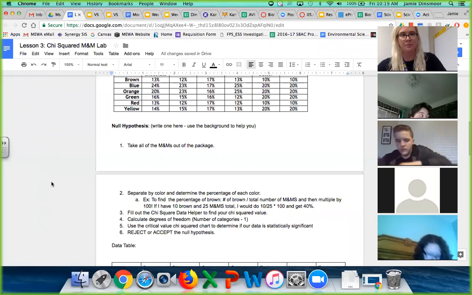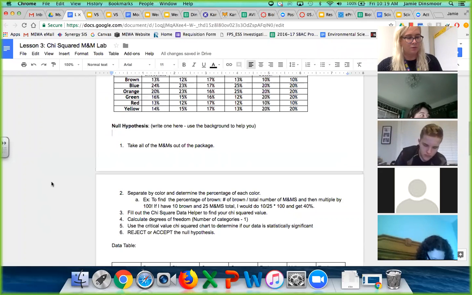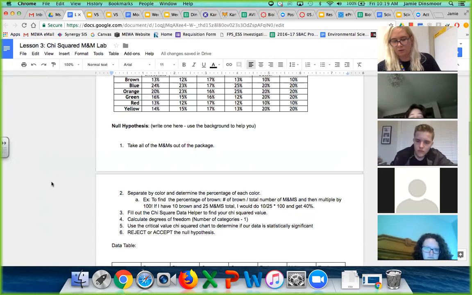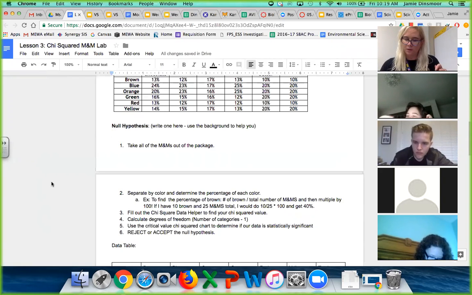There are 2 red, 1, 2, 3, 4, 5, 6, 7, 8 green, 20 blue, 9 yellow, 6 brown, and 11 orange.